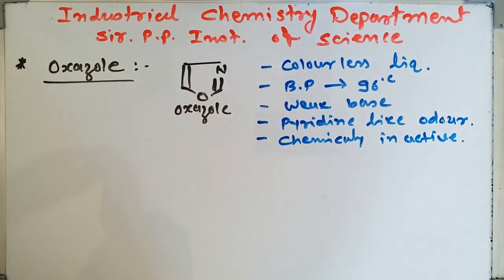So these are the basic properties: colorless liquid, boiling point 96 degrees Celsius, weak base, pyridine-like odor, and chemically inactive material.